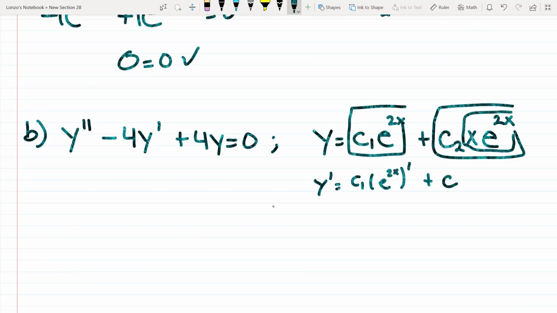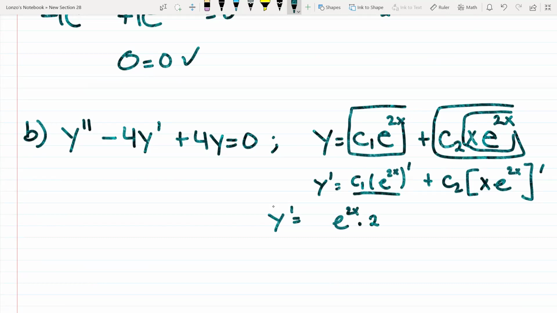C2 is a constant, and then just take the derivative of x times e to the 2x by applying the product rule. Okay, so let's do this here. What's the derivative of e to the 2x? That is e to the 2x times the derivative of the power, which is 2.